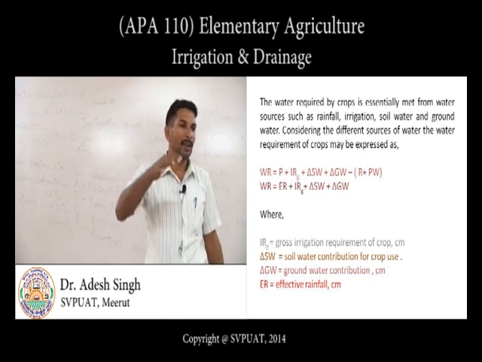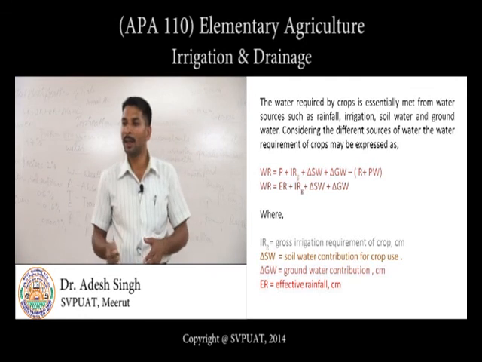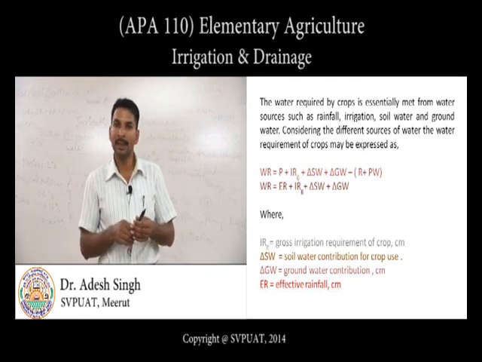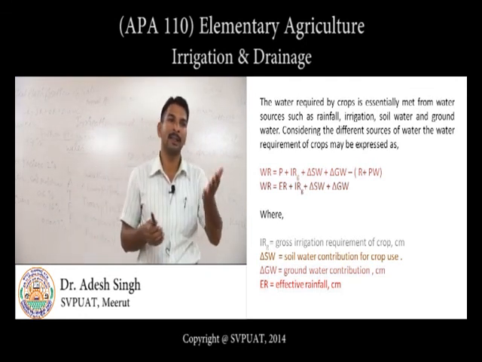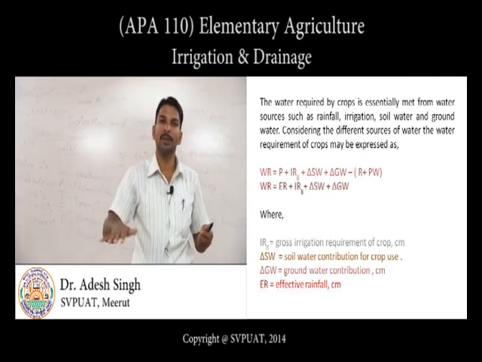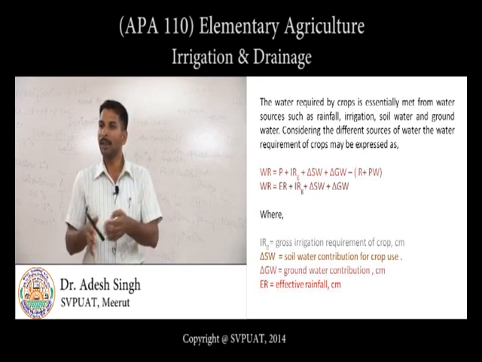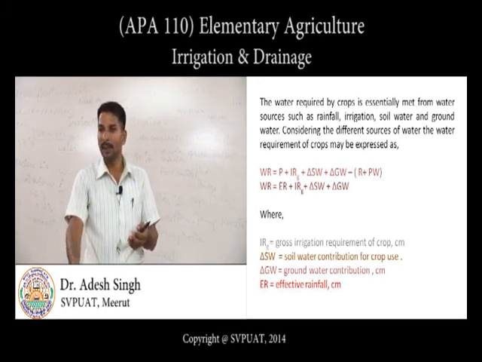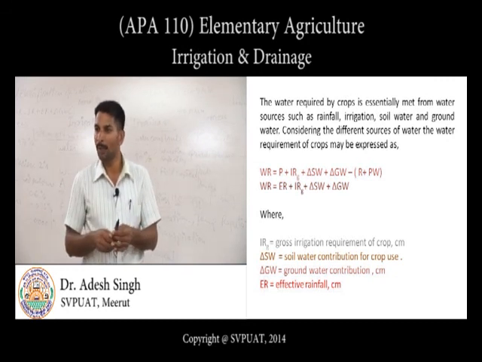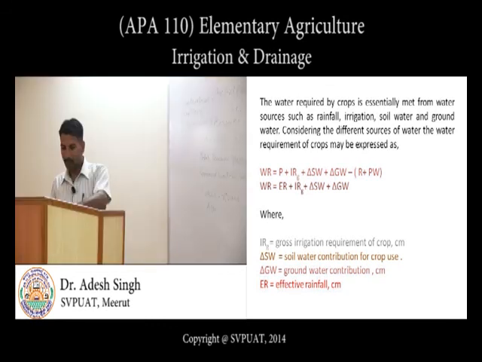Means in different seasons the groundwater level can be either up or down. Means in the rainy season the groundwater level will rise, and in the lean period it will go down. So if the water table is near the crop root zone, then certain water can be directly utilized by the crop plants. So this comes under the groundwater contribution.